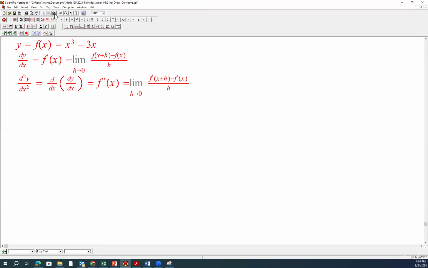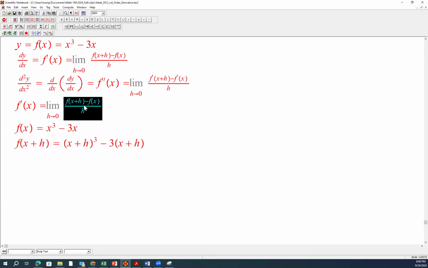First of all, we're going to work on the first order derivative. So f of x is such, right? And f of x plus h will be the input. Everywhere x will be substituted by x plus h. And then we're going to make the quotient.